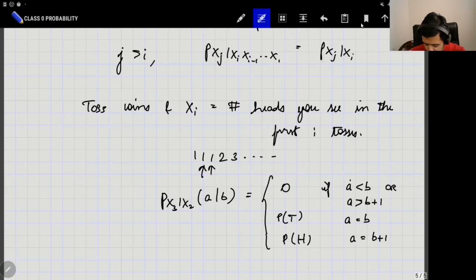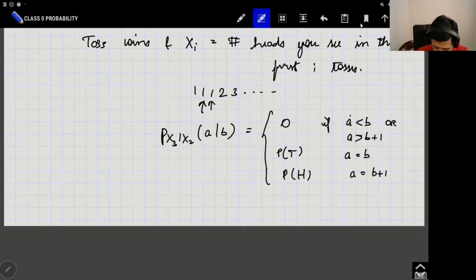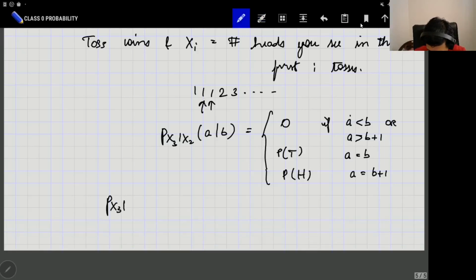All right. Note that the distribution p of x3 given x2 really is different from the distribution p of x2 given x1, because the maximum value that x3 can take is 3, but the maximum value that x2 can take is only 2.